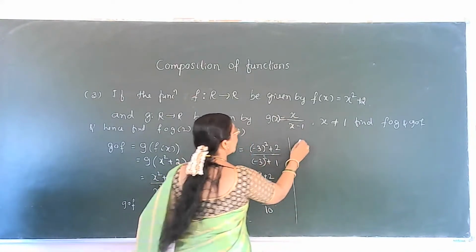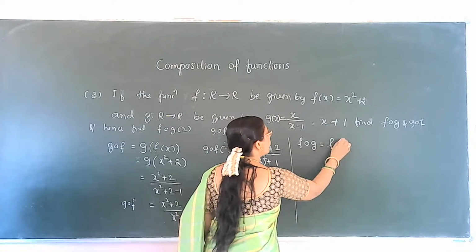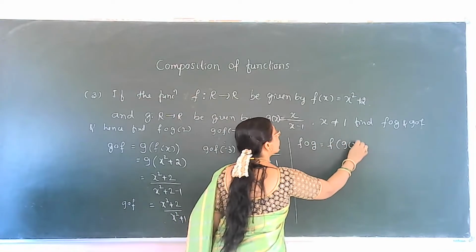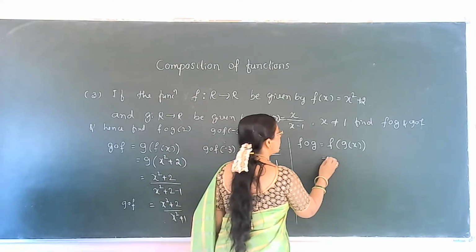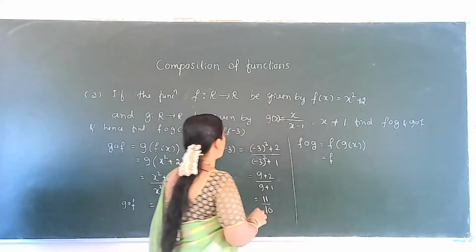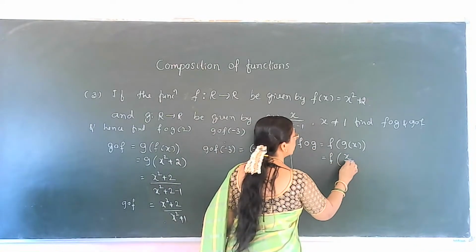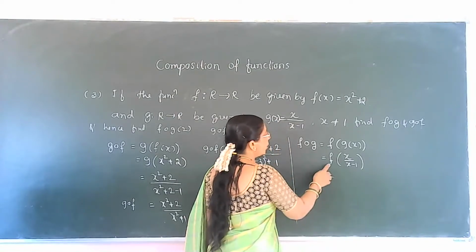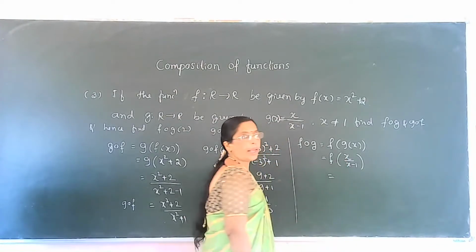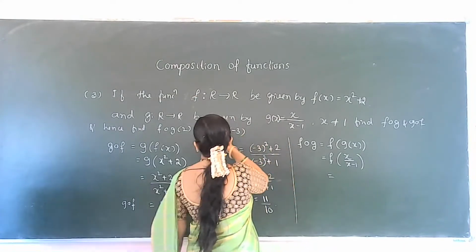Then we again find f composition of g, which is equal to f of g of x, where g of x is x by x minus 1. Here we put the value of x by x minus 1 in the f function.